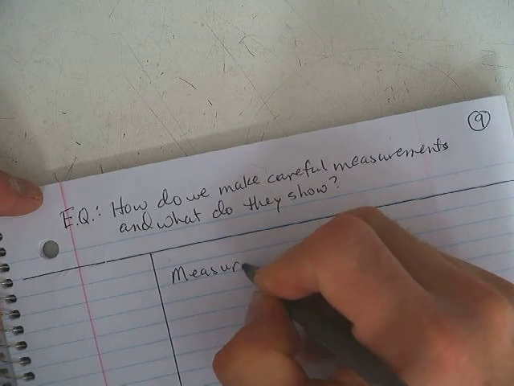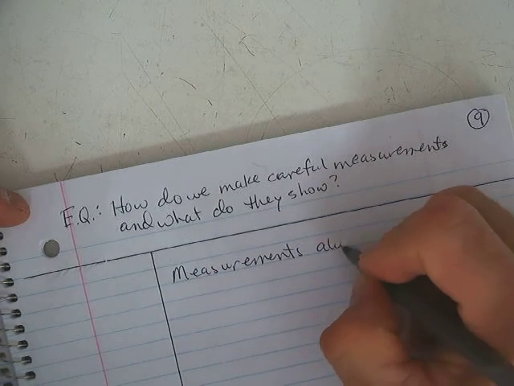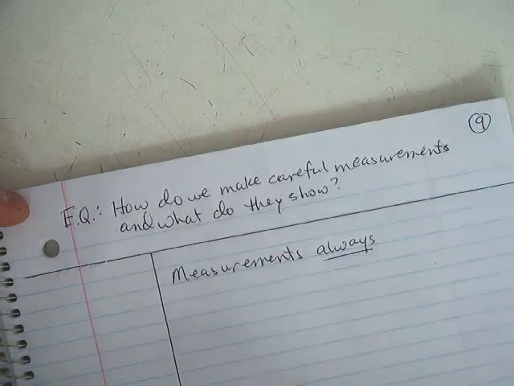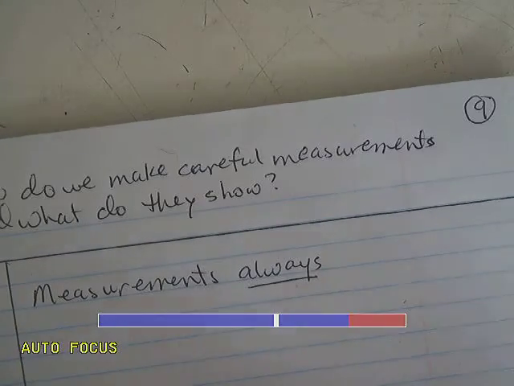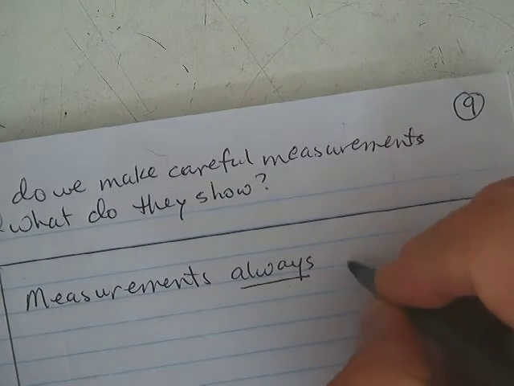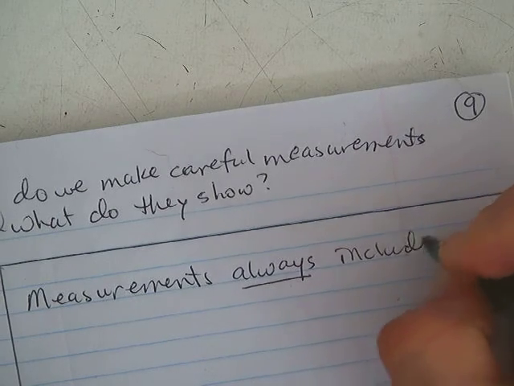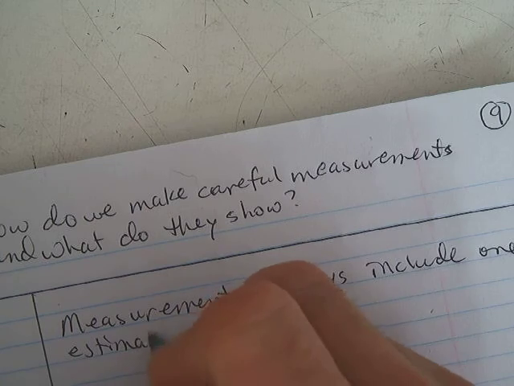So if we're taking a measurement in here, measurements always include one estimated number, digit, figure. As you take notes, and part of the Cornell format is later we're going to be highlighting things and underlining things. There are some things that I think are really important, so I just underline them as we go. Maybe you can highlight that later too to make that point.